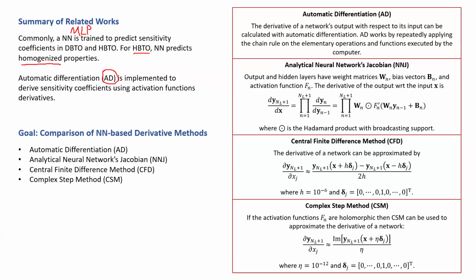So what we did in this paper is that we took some of those methods and we just extend their use in these two types of applications, density-based and homogenization-based topology optimization.